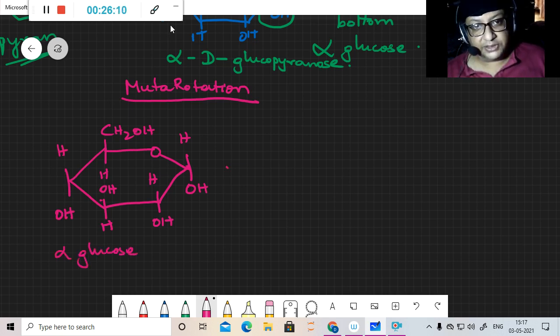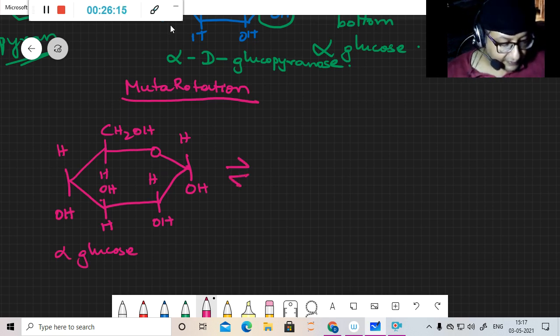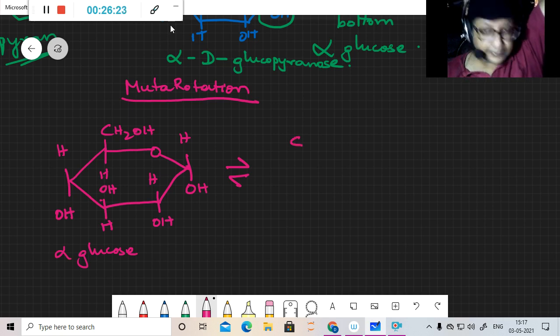This breaks down in solution and forms a straight chain.